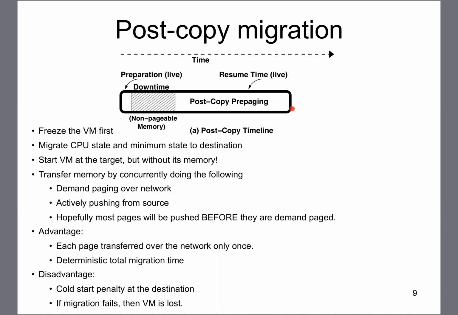Okay, so there's just an interesting anecdote. Google published a paper a few years ago where they described how they do live migration in their cloud platform, Google Cloud. As expected, they mostly use pre-copy live migration, but they mentioned that for write-intensive applications they actually do post-copy live migration.